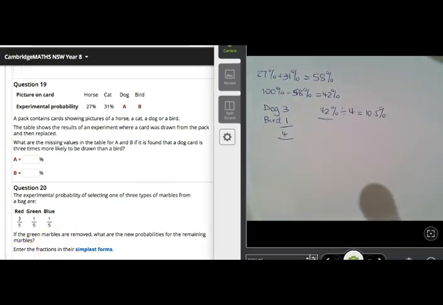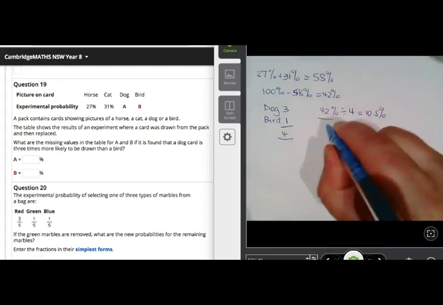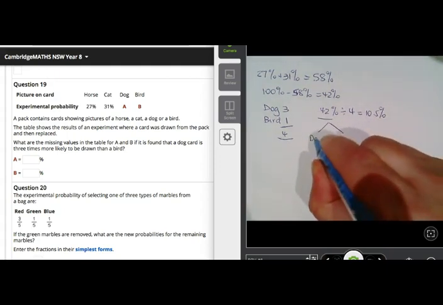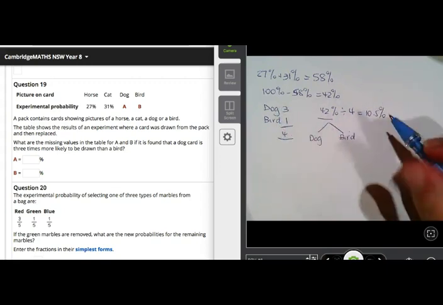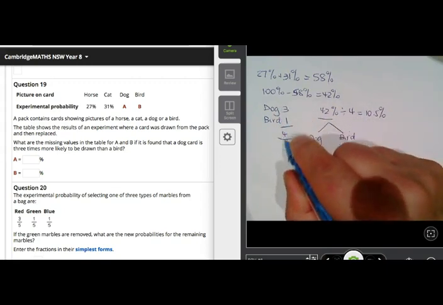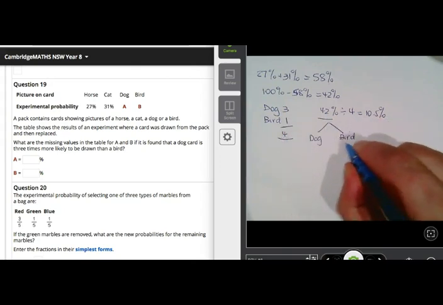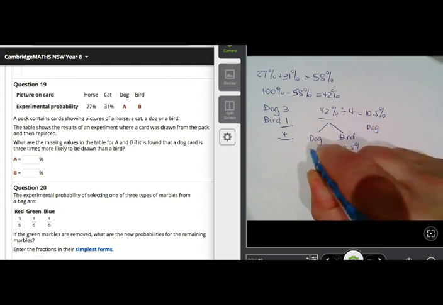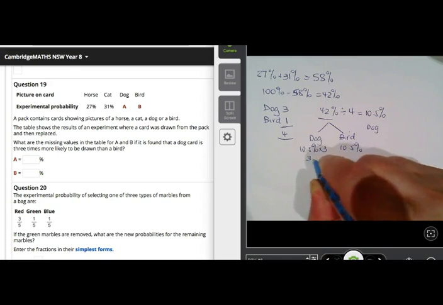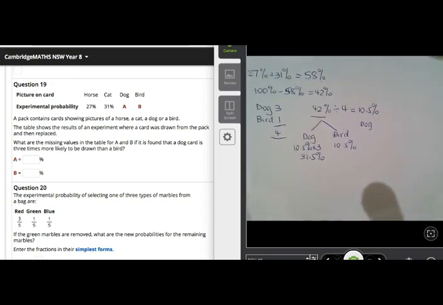So this 42% that's remaining gets divided up into dog and bird. Now, as we said, dog is 3 times as likely as bird. So we've really got to break it up into 4 parts. So the bird is going to be 10.5% and the dog is going to be 10.5% times 3, which is 31.5%.